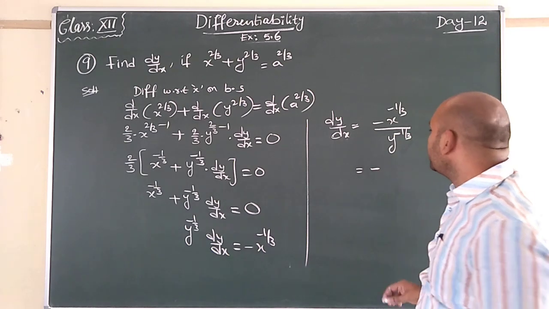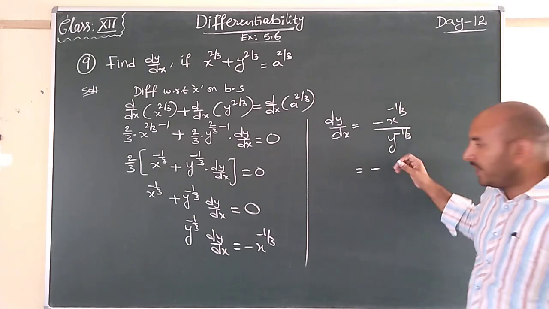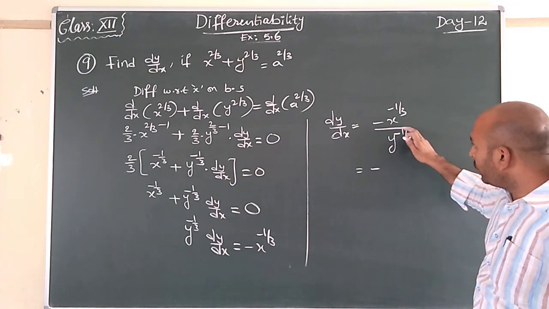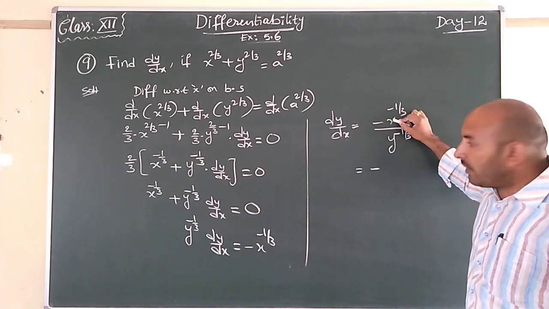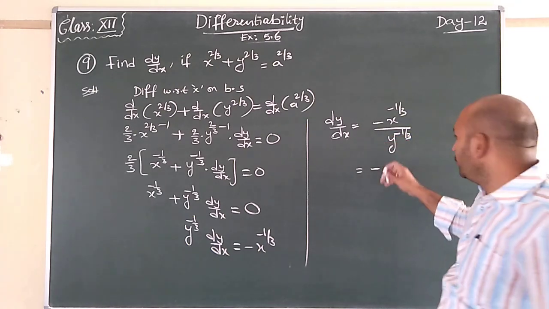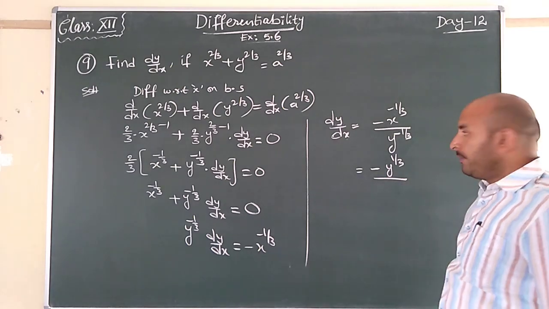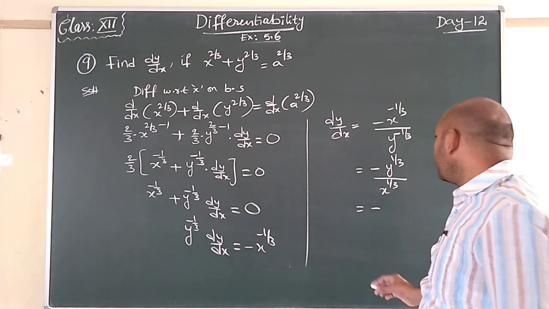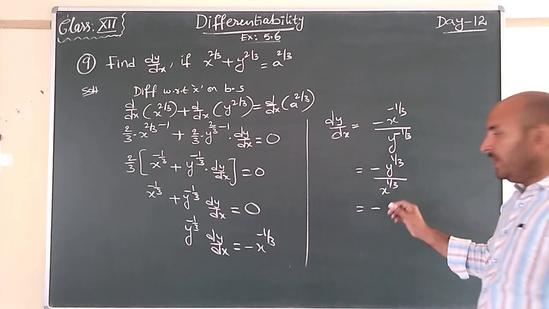It is equal to minus, the y term goes into the numerator and the x term into the denominator, because the power is minus 1 by 3. Whenever a power in the denominator is taken into the numerator, it becomes positive. Here the numerator power is negative, minus 1 by 3, and when you take it to the denominator it will be positive. So y power 1 divided by 3 divided by x power 1 by 3 is equal to minus. a power m by b power m is a by b whole power m.